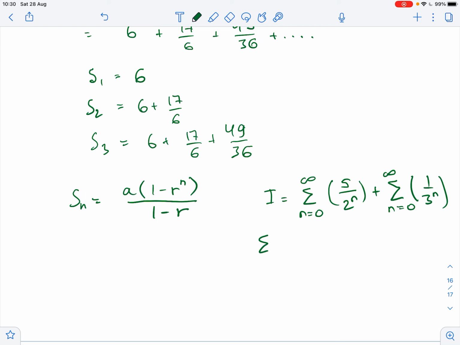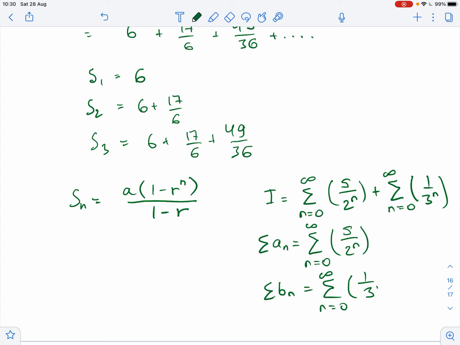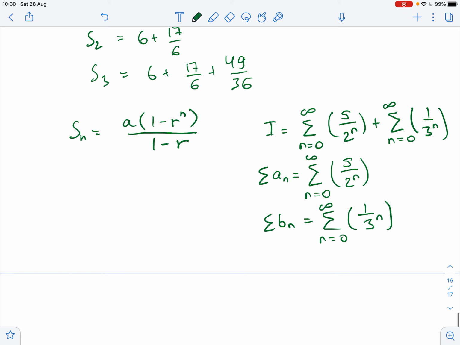So let the series, the infinite sum of an, equal the sum from n equals 0 to infinity of 5 over 2 to the power of n, and the series bn equal the sum from n equals 0 to infinity of 1 over 3 to the power of n.